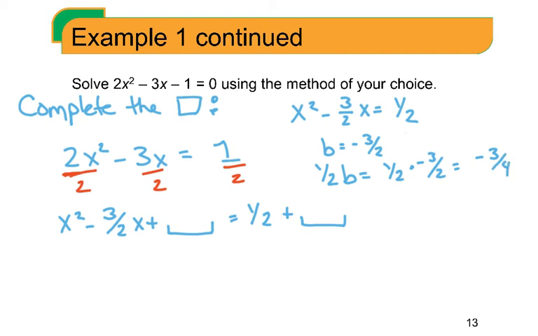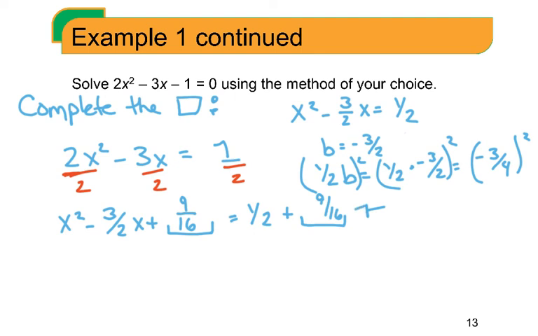Do you agree? So that's what we have to square now, and that will be 9/16. Yikes. So that's what we're adding to both sides.